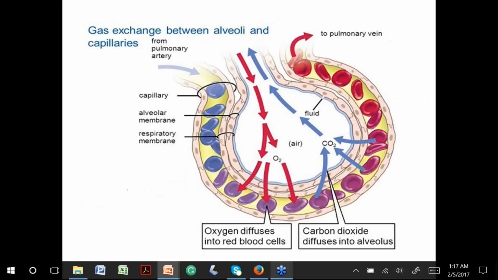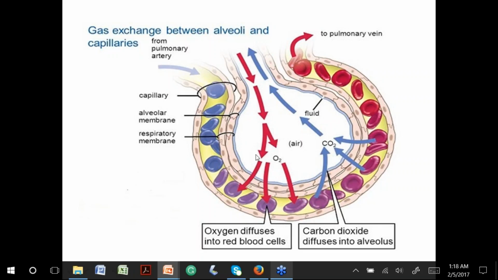All right. Here again we see simple diffusion happening. The venous return is coming back after delivering all the oxygen, coming in blue without oxygen, so there is a low concentration of oxygen.